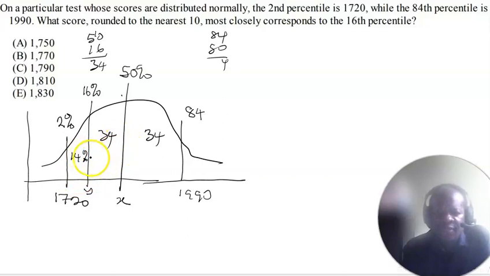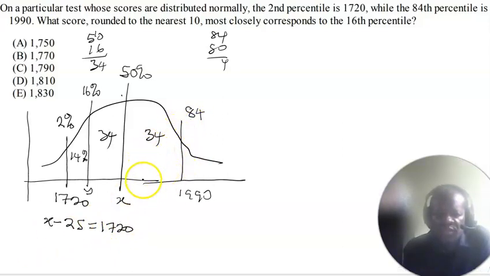Now you have 14% here, this position, that is about 48%. So this 14% over here is two standard deviations below the mean. So we can say since the mean is x, two standard deviations below the mean will be x minus 2s. Let's say standard deviation is s. So we have x minus 2s equals 1720.